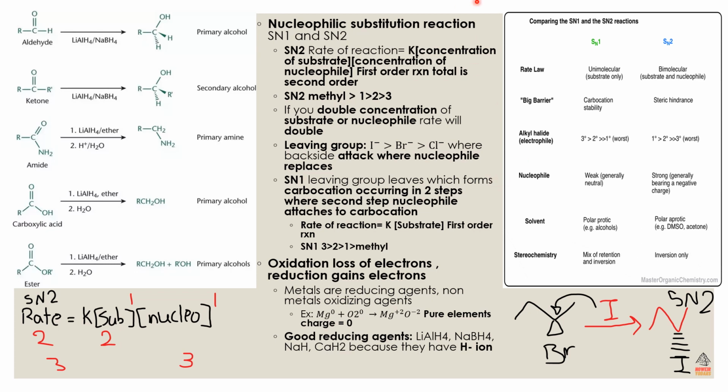Let's say you have a neutral nucleophile like water. Water, H2O, could attack it from this way or from this way, and that's what results in a racemization reaction.